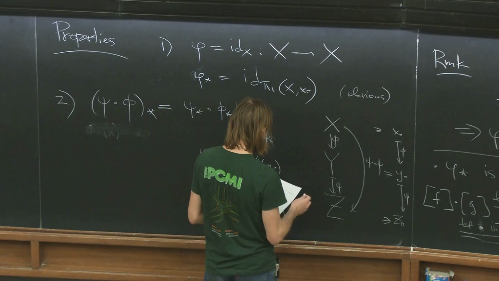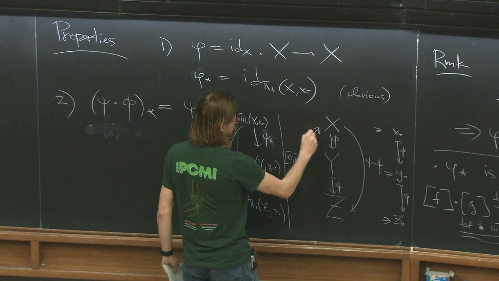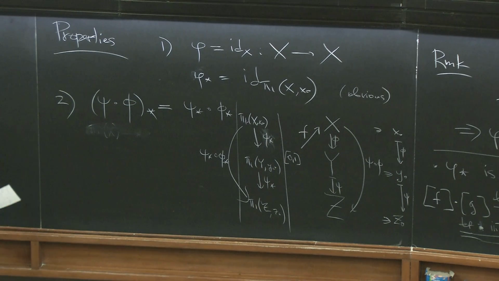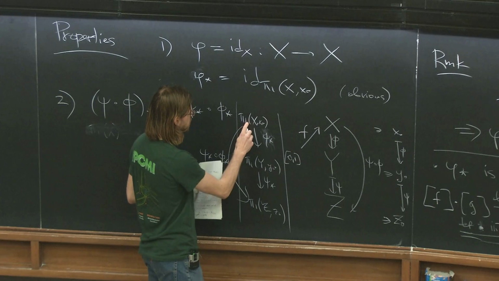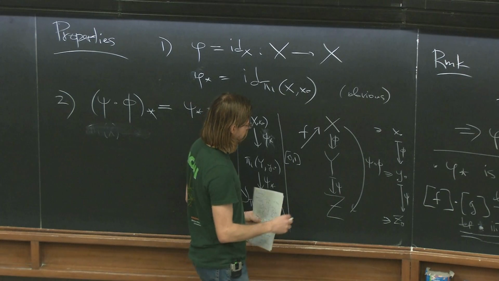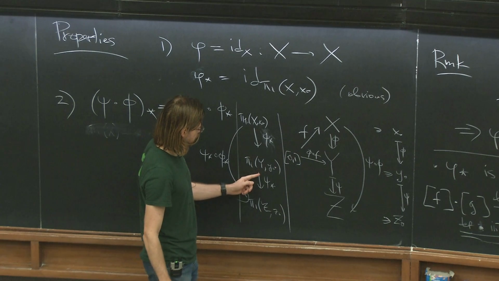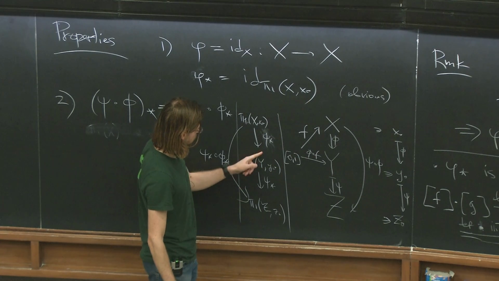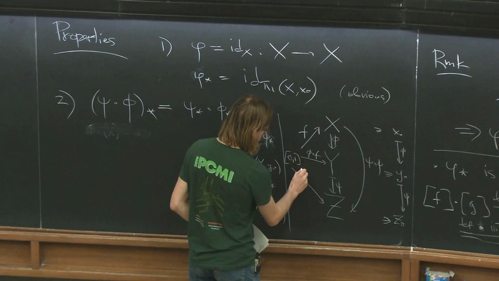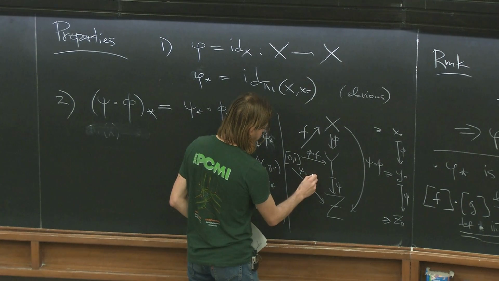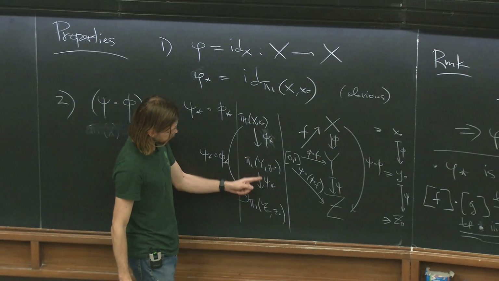And why is this? Well, again, this is kind of obvious. We start with a loop in X, so we consider some element in pi 1 of X represented by some loop f, and then we can compose it with phi to get phi composed with f, and this will give us a representative of the action of the push forward, valued in pi 1 of Y. Then we can compose this thing with psi, which corresponds to the action of the push forward of psi.